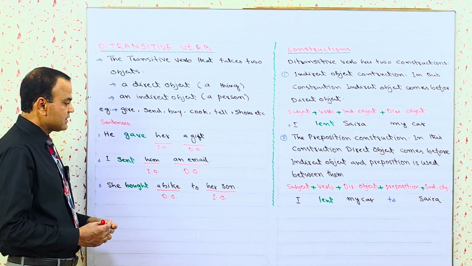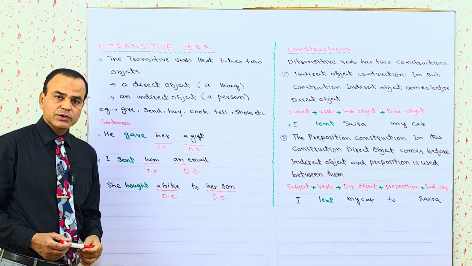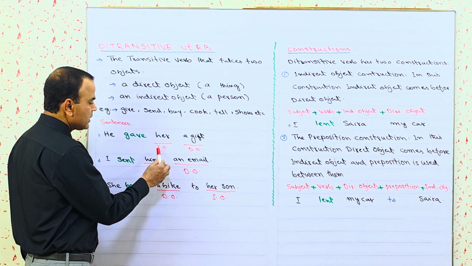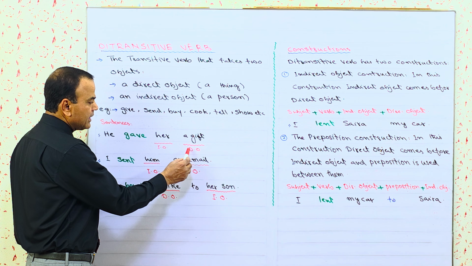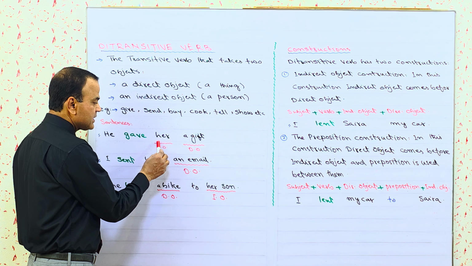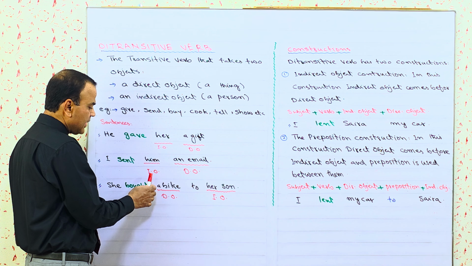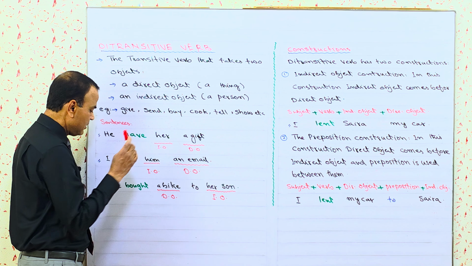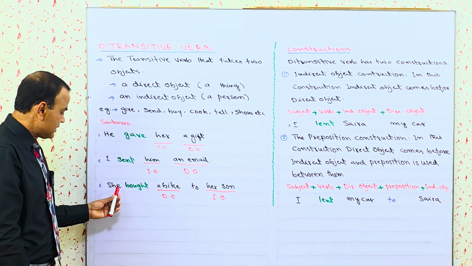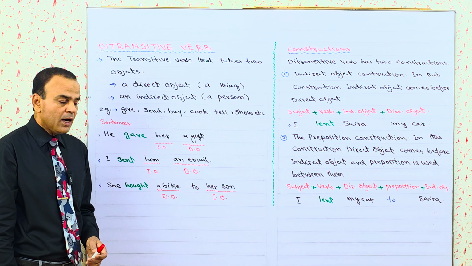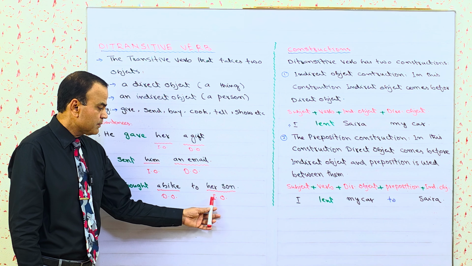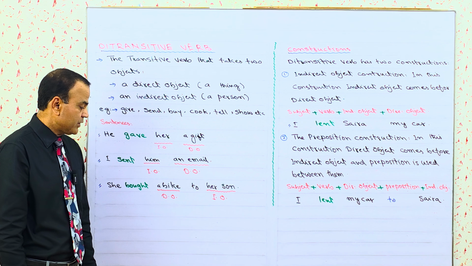The third sentence has a little different construction. In these two examples, we are using the indirect object first and the direct object later: person and thing. But in this last example, I have used the direct object first and the indirect object later.